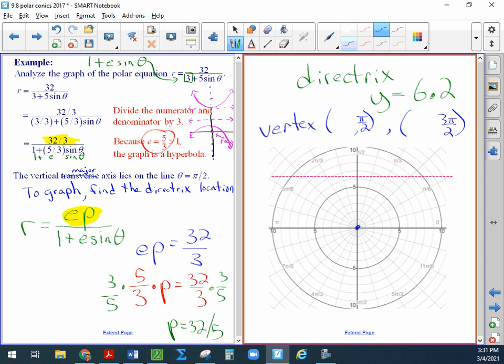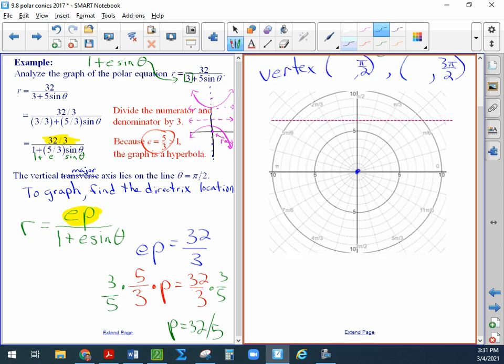So I can take my original equation and plug in pi over 2. r equals 32 over 3 plus 5 sine pi over 2. So 32 over 3 plus 5 times 1. So 32 over 8.